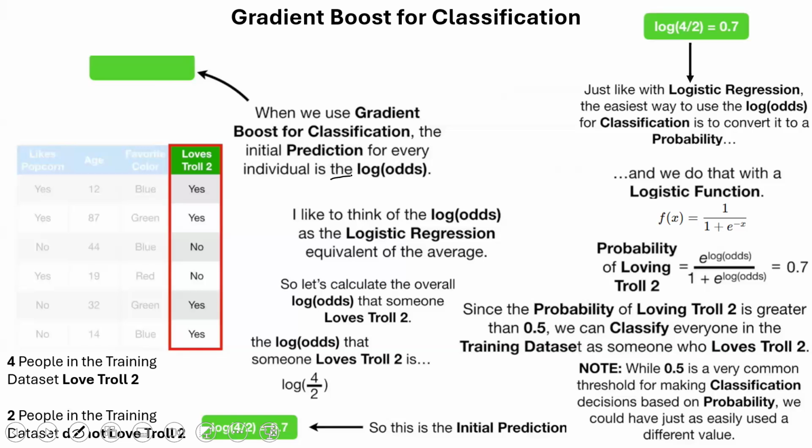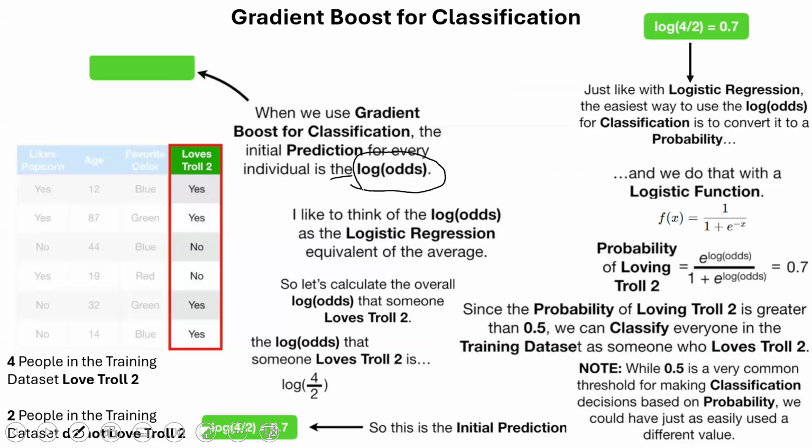But here, how do you make the initial prediction? By taking log of odds. I'll walk you through log of odds again when we encounter logistic regression. For now, let's take it as just a single value.